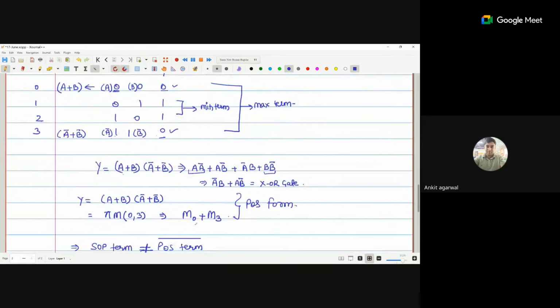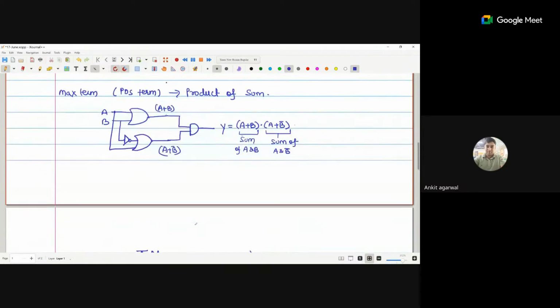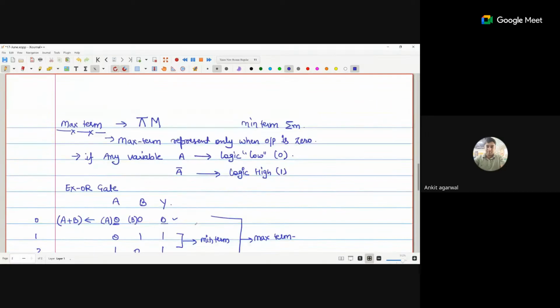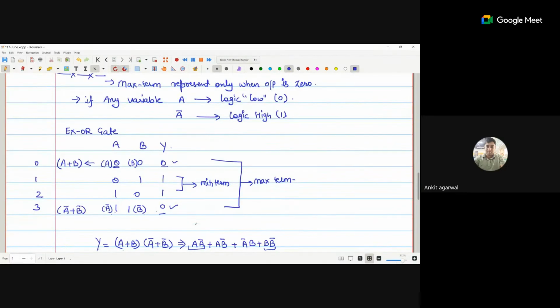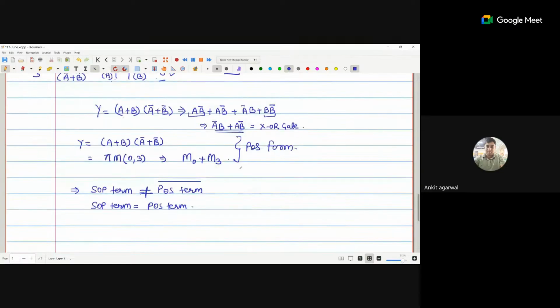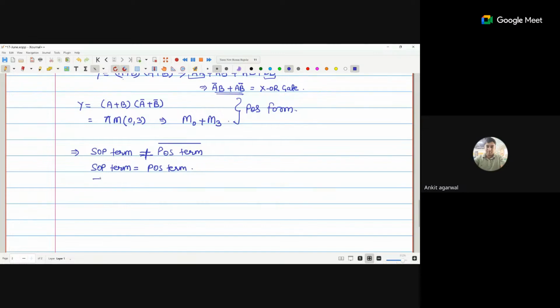Like for example, in the SOP term we are getting A bar B plus A B bar, and from the POS term we again represent it as A bar B plus A B bar. So both terms will be the same, but the representation is different. How is the representation different? The sigma of M 1, 2 is equal to pi of M 0, 3.